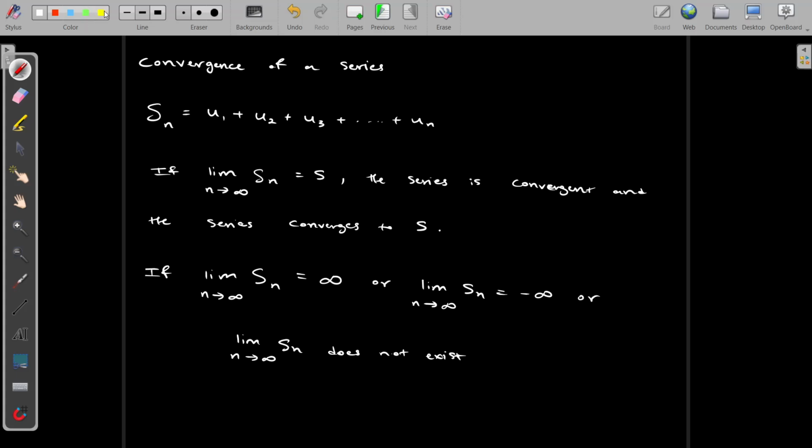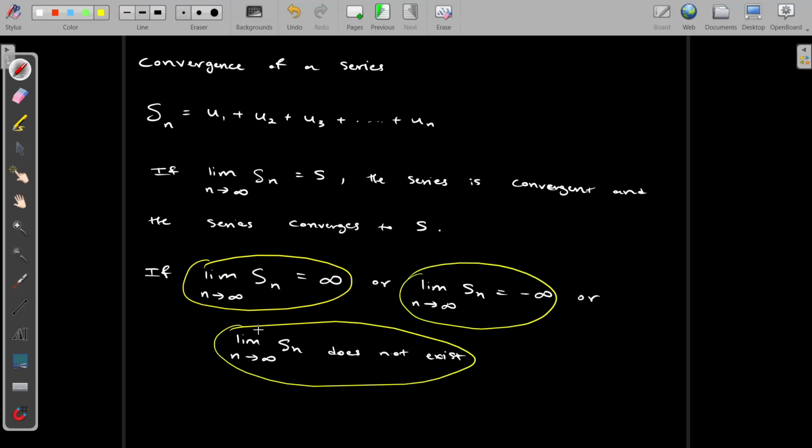So these are the 3 conditions. If it is positive infinity, negative infinity, or does not exist, we can say that the series is divergent.